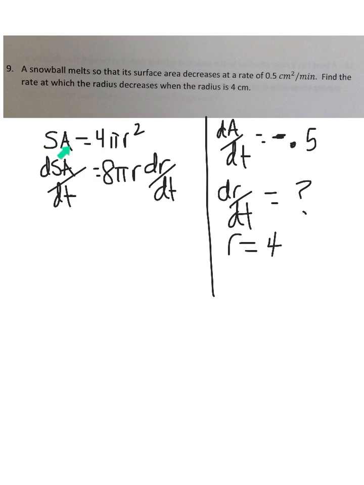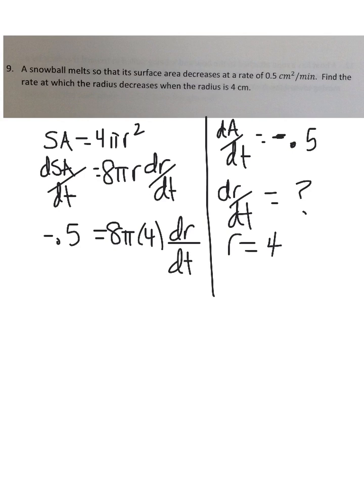By the way, when I took the derivative of the surface area, I wrote dSA/dt so that we knew that it referred to the surface area, not just area itself. Notice that the surface area is decreasing, so make sure that you have a negative there. I'm going to put in a negative 0.5, equals 8 pi times 4 times dr/dt.